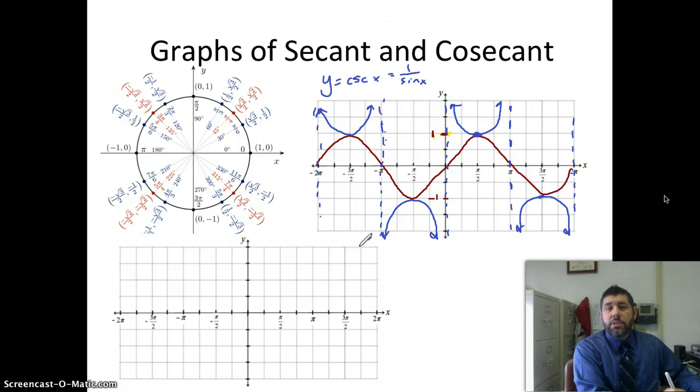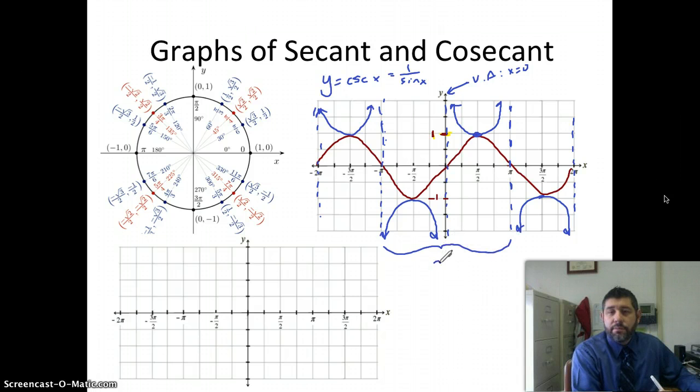So I think what you need to remember is that cosecant starts with a vertical asymptote at x equals 0, and then the period for cosecant, I mean it's called a period, but it's kind of weird to call it a period. This one's 2 pi. Because we have a down parabola and an up parabola.